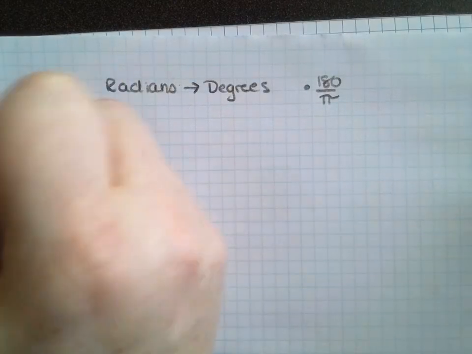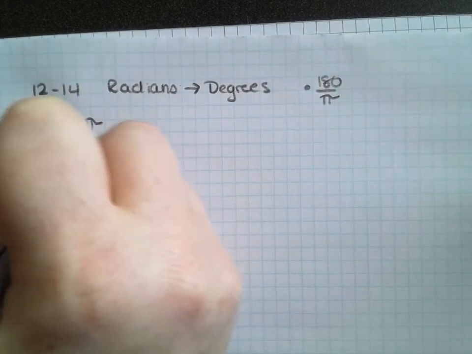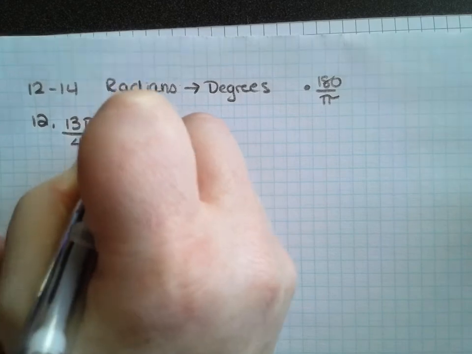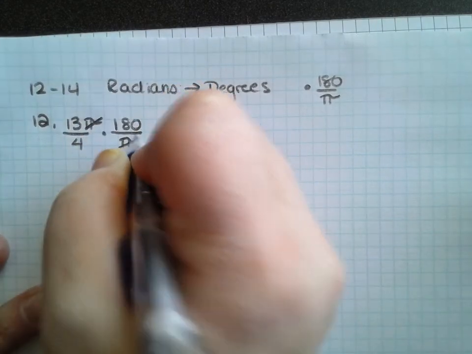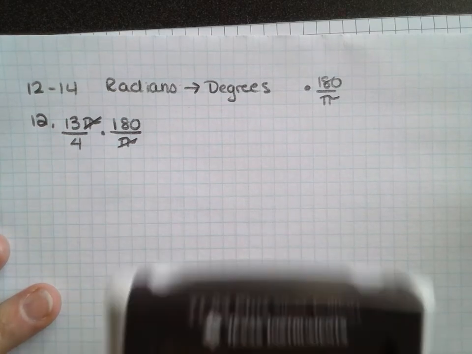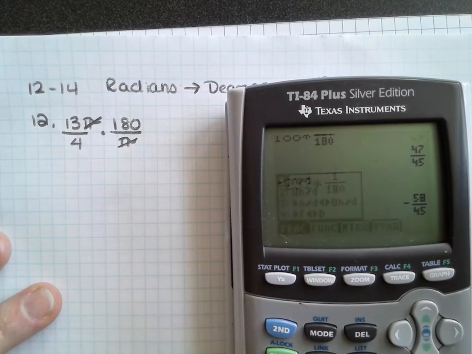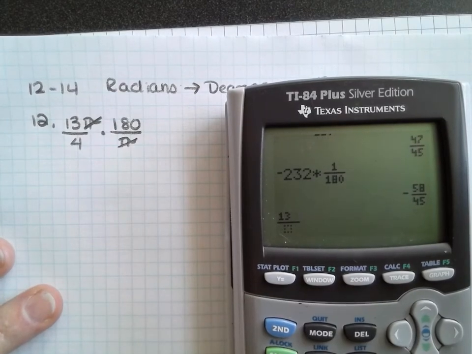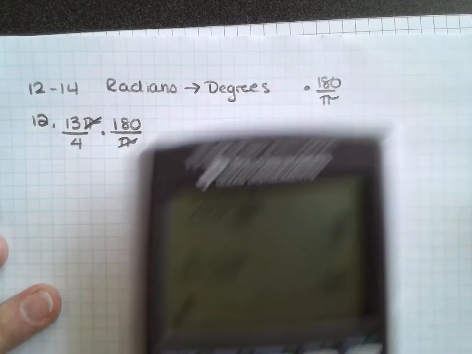Number 12 is 13 pi over 4. So I multiply by 180 over pi. And I just cancel out those pi's. And I'm going to do alpha y equals, I'm going to do 13 over 4 times 180. And that reduces it to 585 degrees.